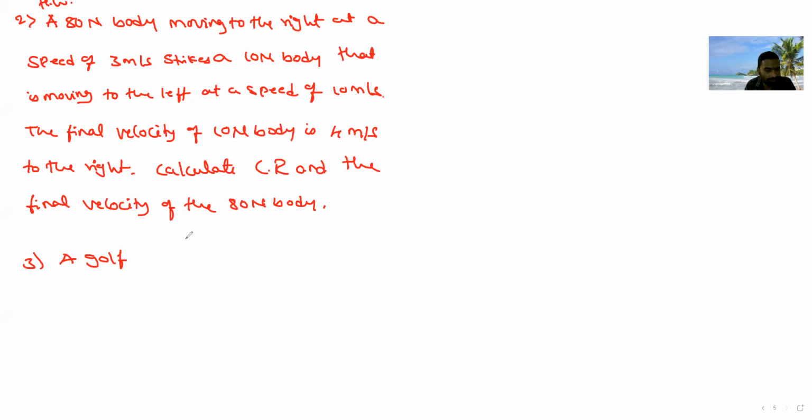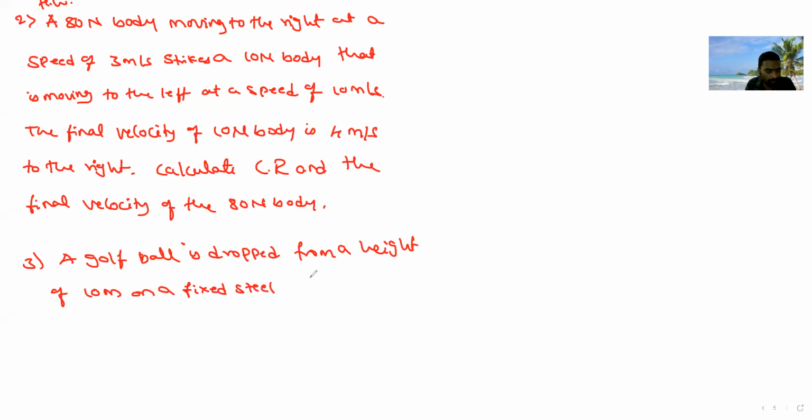A golf ball is dropped from a height of 10 meter on a fixed steel plate. The coefficient of restitution CR is 0.894.